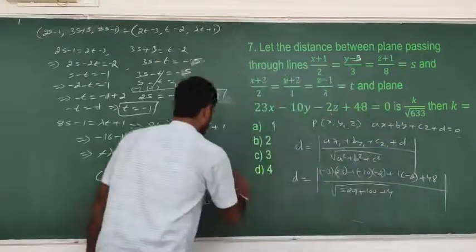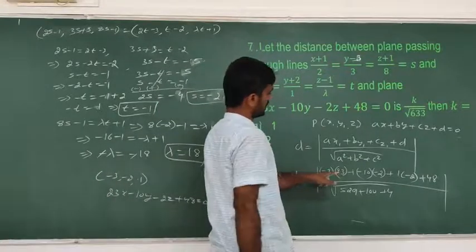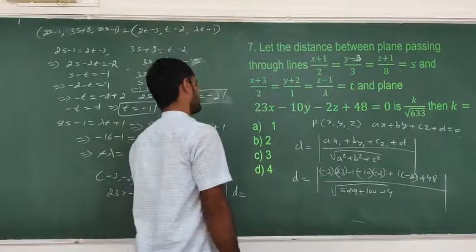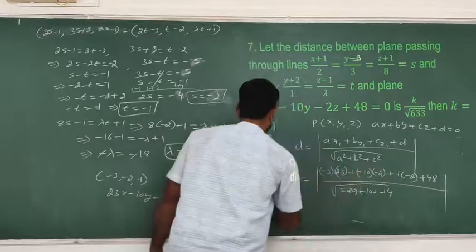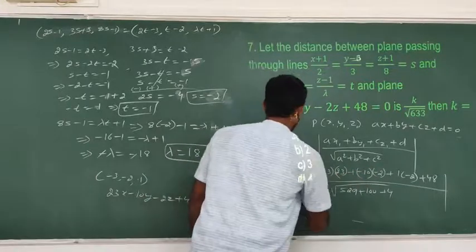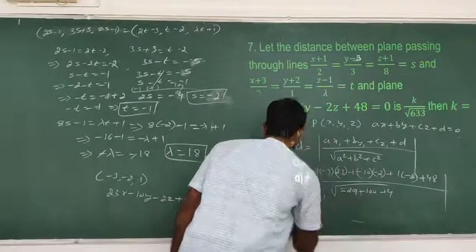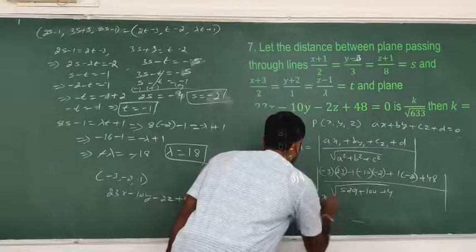So that is equal to, then d is equal to 23 into minus 3 is minus 69, minus 69, minus into minus plus, 2 10s are 20, plus 48 divided by square root of 633.